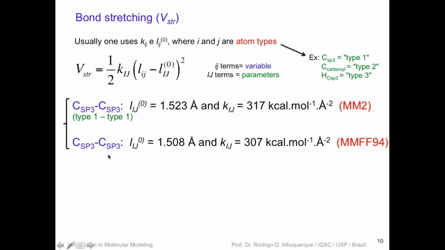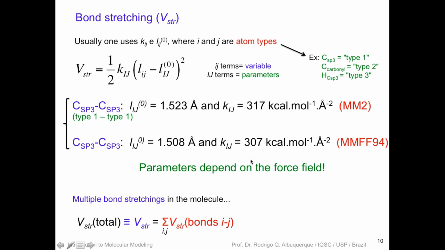If you use the same atom types but another force field, you would have slightly different parameters, as you can see here, a reference bond distance of 1.5 and the force constant is a little bit smaller. So parameters depend on the force field. Don't try to use one parameter of one force field in another force field. Every force field has a set of analytical expressions and of parameters.